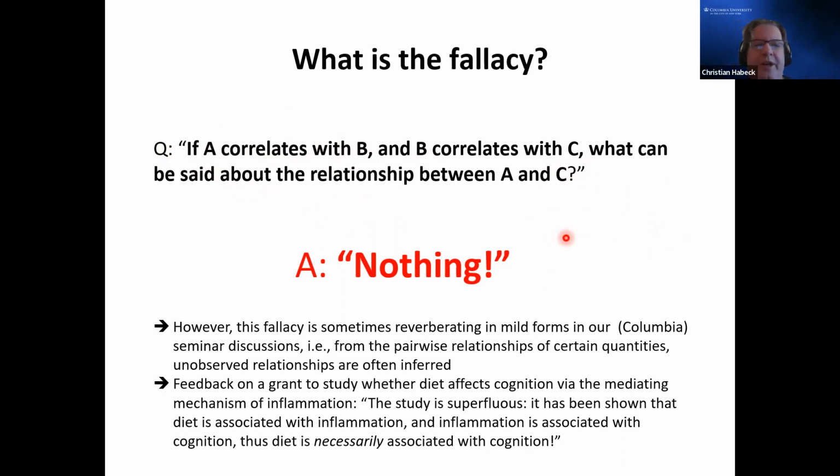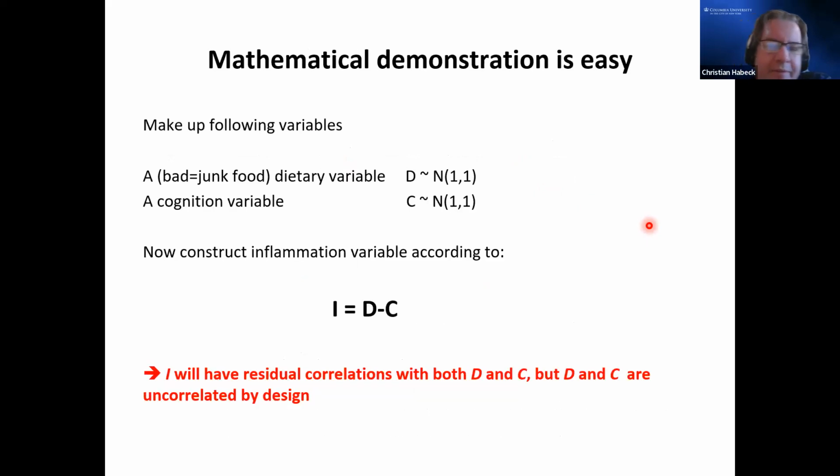Not only about the correlation, but also if a lack of correlation is there, then people will assume that B and A are perfect surrogates in their relation to C. That will often come up, at least in my world, in similar discussions. And this fallacy is great because the mathematical demonstration is so easy: you can just come up with one counterexample, which is very easily appreciable by everybody.